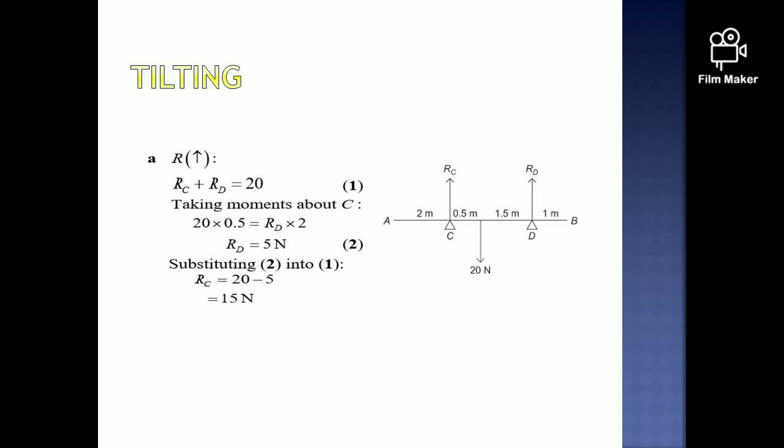Since the object is in equilibrium, clockwise moments equal anti-clockwise moments. So 20 times 0.5, the moment due to the weight, equals RD times 2. By solving this equation you obtain RD as 5 newtons. From the first equation, RC becomes 15 newtons. That is the answer for part A.